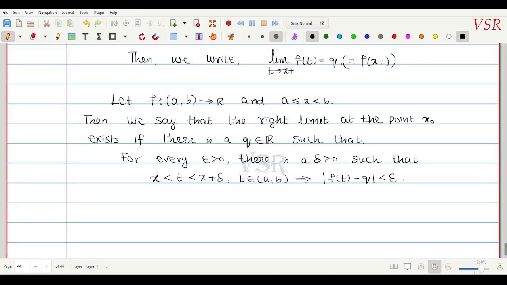Then we write q equal to f of x plus, and this limit, t tending to x plus, of f of t is equal to f of x plus.